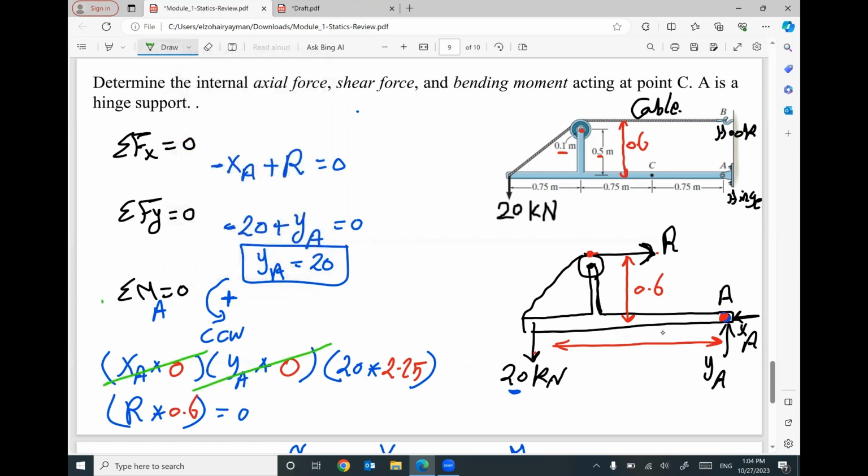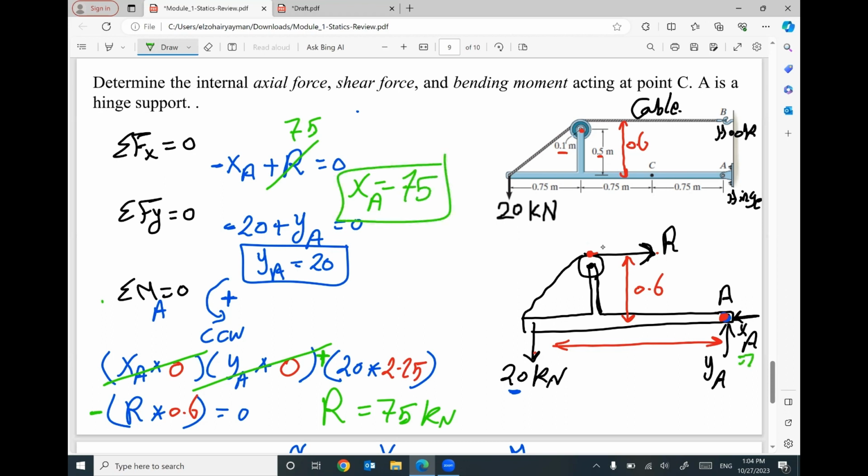This term is 0. 20 times distance will rotate counterclockwise, will be positive. R times 0.6 will rotate clockwise, will be negative. The only unknown in this equation is your R. Your R will be 75 kilonewton. If you go back here and put R 75, your XA will be 75.